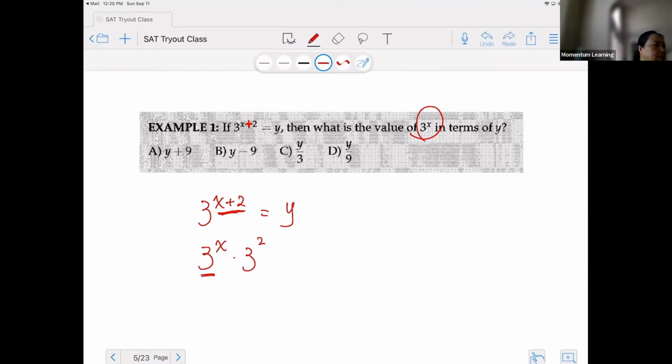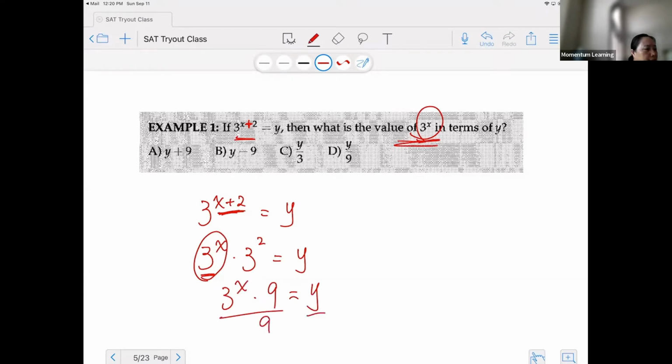So when I split those, you split 3 to the power x by itself, and then 3 squared. So 3 squared is 9, times 9 equals y. I need the value of 3 to the power x, so I need to divide by 9 on both sides. So the final answer is y/9. Okay, good job.